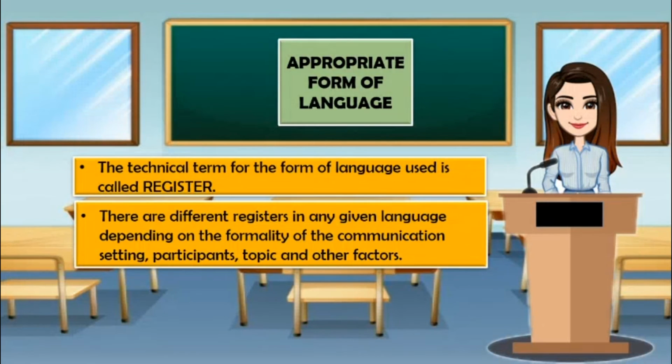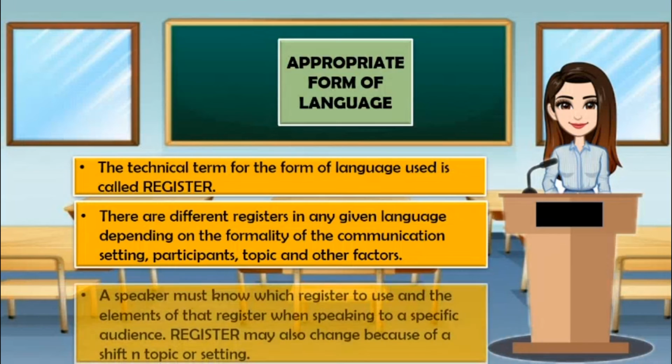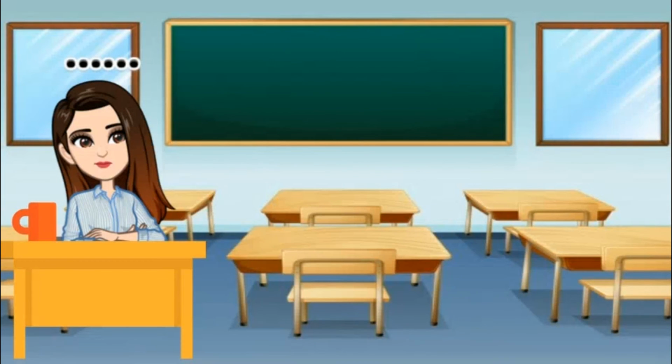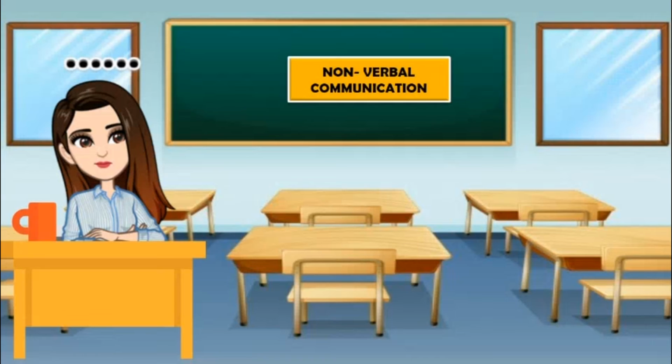For example, there are different registers for speaking in a showbiz talk show, funeral, academic forum, casual conversation, and others. A speaker must know which register to use and the elements of that register when speaking to a specific audience. Let us now discuss nonverbal communication.